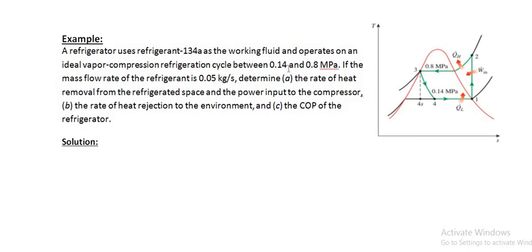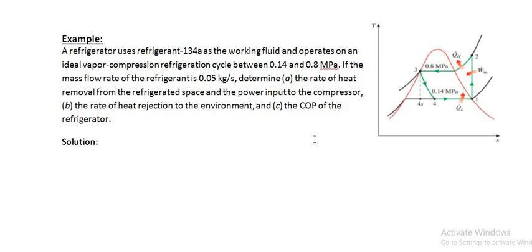Okay, so looking at the diagram here, we know the pressure in states 4 and 1 is 0.14 MPa, and the second pressure given is 0.8 MPa, which is between state 2 and state 3.